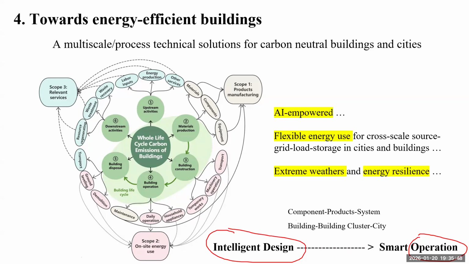Nowadays, due to the diverse demand side and supply side, we have to consider the flexibility of our energy. Flexible energy use for the cross-scale source, grid, load, storage in cities and buildings. So we have to consider the supply side, the grid, the demand side load, and also the storage, to achieve flexible energy use.